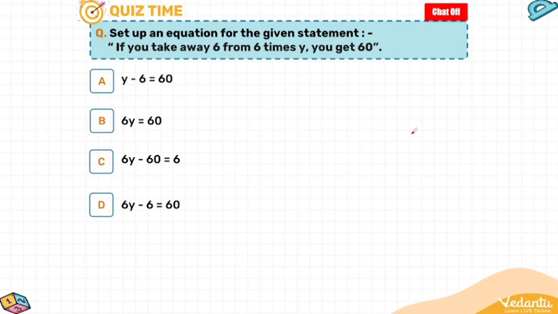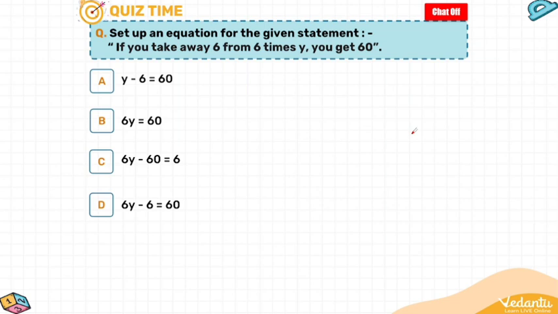Next question. Set up an equation for a given statement. It says if you take away 6 from 6 times y, you get 60. If you take away 6 from 6 times of y. Okay.